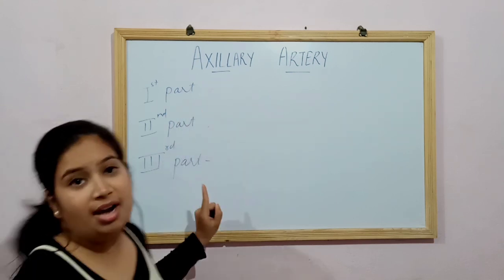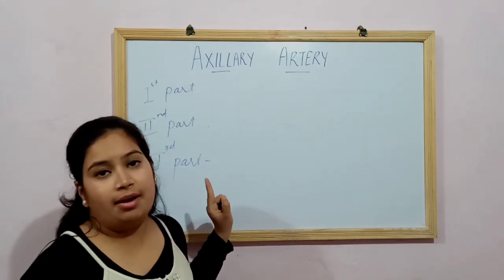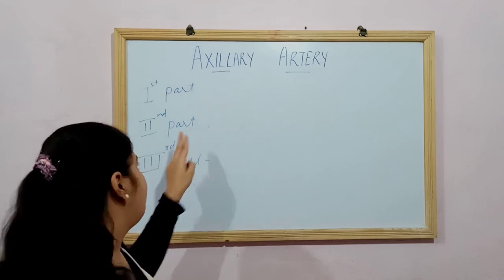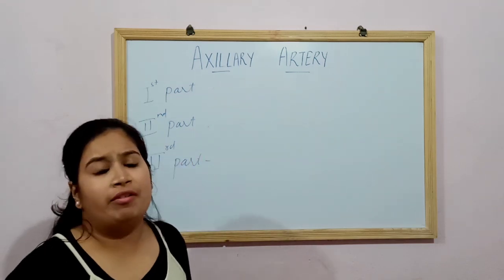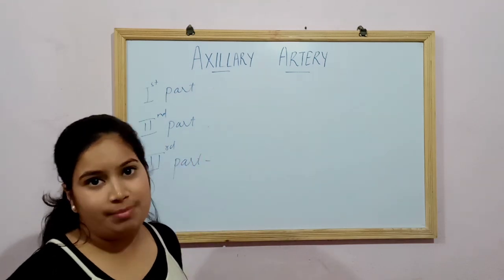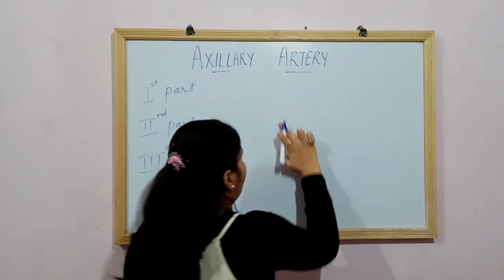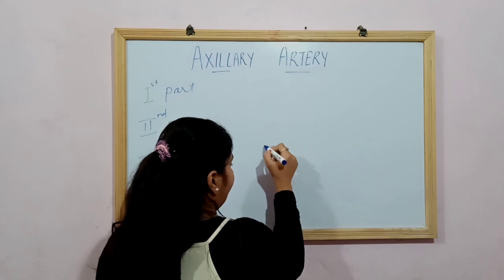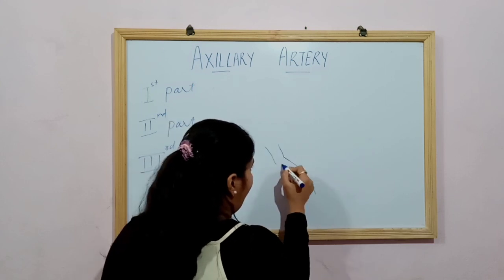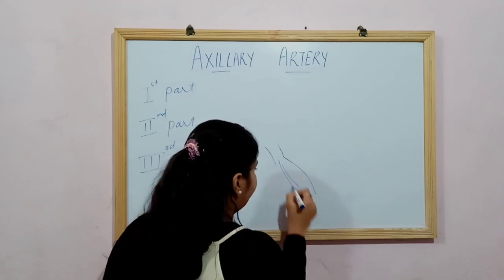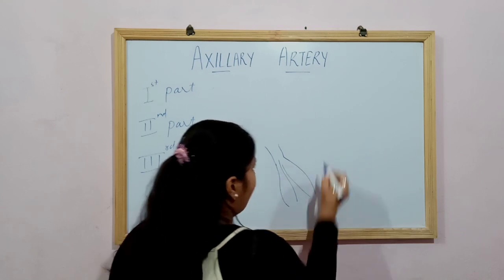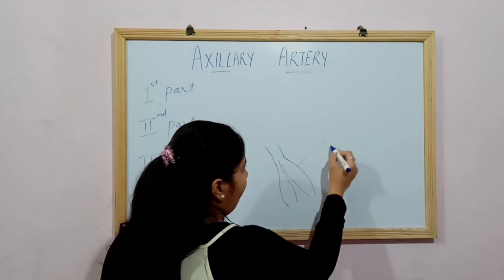Okay, so these three are the parts of the axillary artery which are named as first part, second part, third part, related to the location of the pectoralis minor muscle. So if this is your pectoralis minor muscle, this is the belly of the muscle, and this is your artery passing from here.